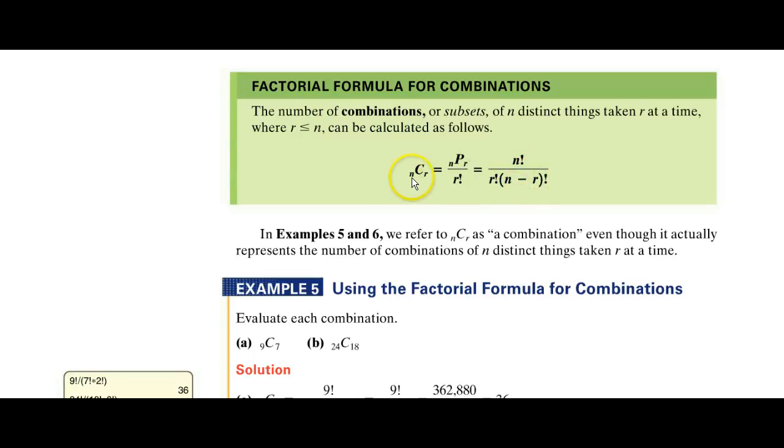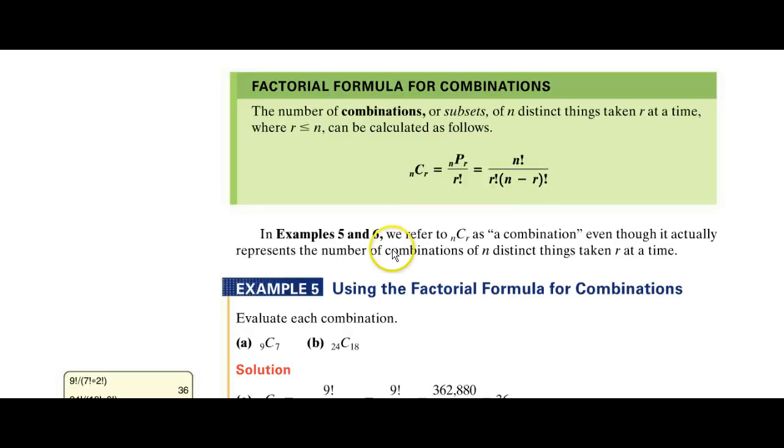So from n combination of r, we take the factorial of that n, we're going to take the factorial of that r, but now in the parentheses, we're going to subtract n minus r and that factorial.